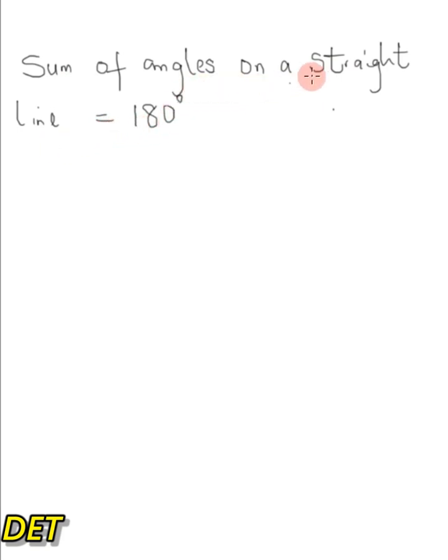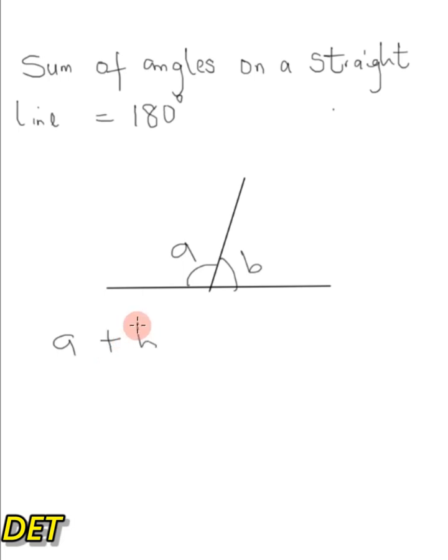180 degrees. So what that means is that if I have a straight line such as this, and I have another line like this, and I label this angle as A and this angle as B, then A plus B is equal to 180.